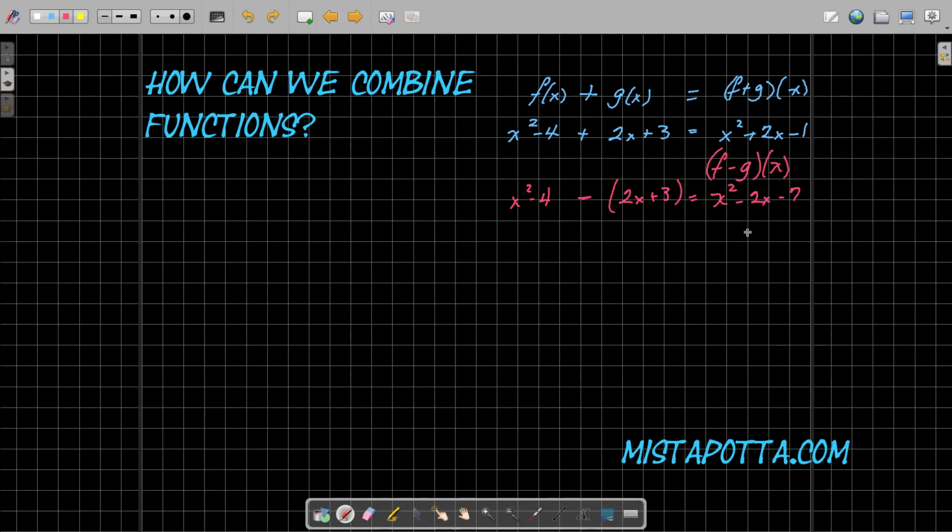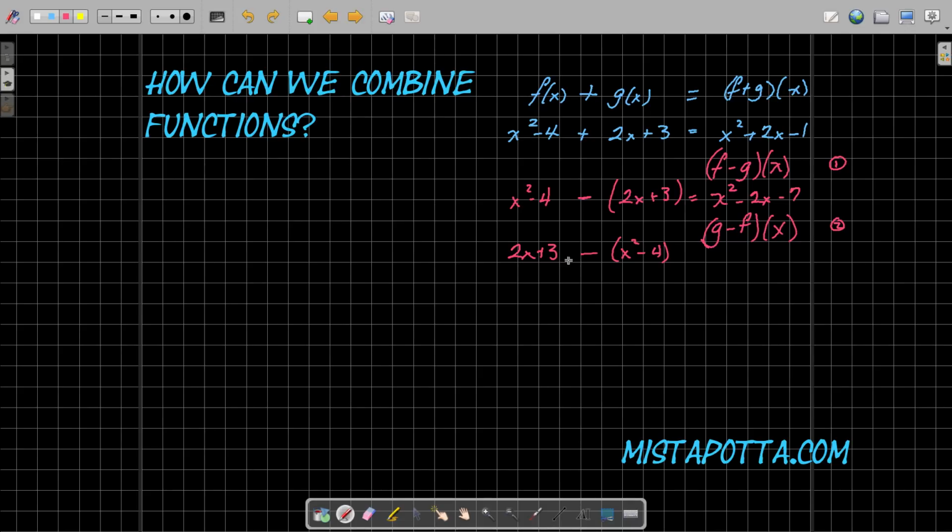7. Something to keep in mind, though, is that f minus g and g minus f really are different, because in this case I'm taking the 2x plus 3 and subtracting the expression x squared minus 4. So remember, even though with addition the order doesn't matter, for subtraction the order does matter, and so these end up being two distinct functions.